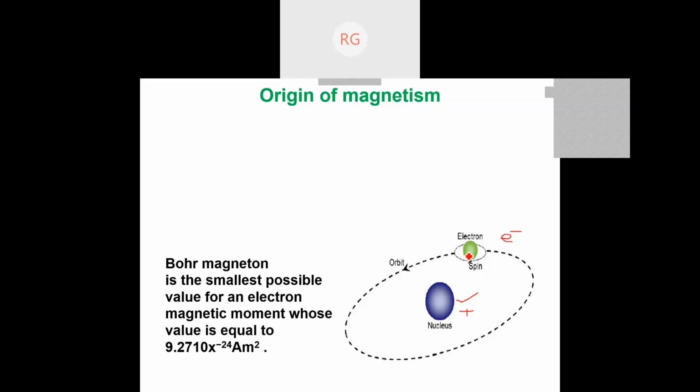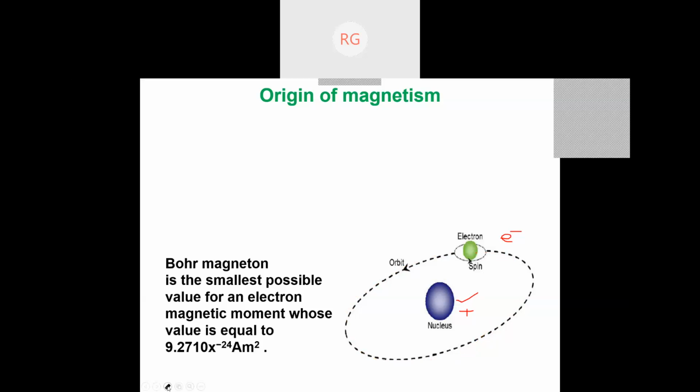So if I take an electron revolving around the nucleus in a fixed orbit of fixed energy given by Bohr's theory, and by quantum mechanics, you also know that the orientation and energy of the orbit are quantized, and also the spin of the electron is quantized.